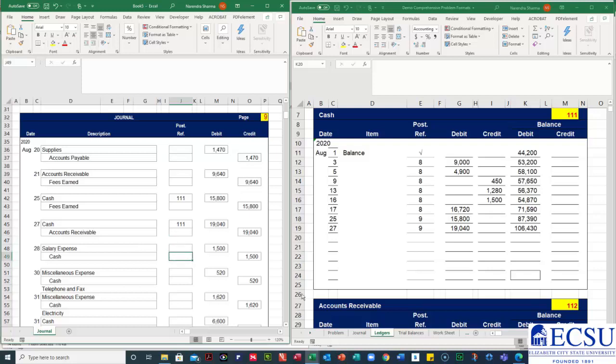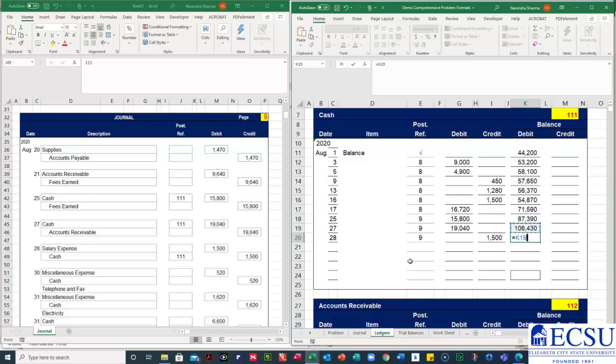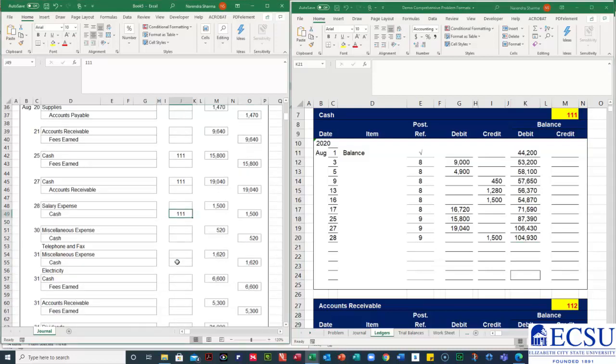Now I have a posting here to the credit of cash, so that's on the 28th. Again, coming out of page 9, but it's on the credit, 1,500. So this amount minus 1,500 would give me 104,930. Okay, I posted that.